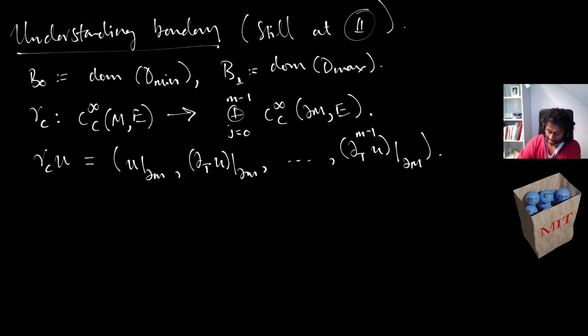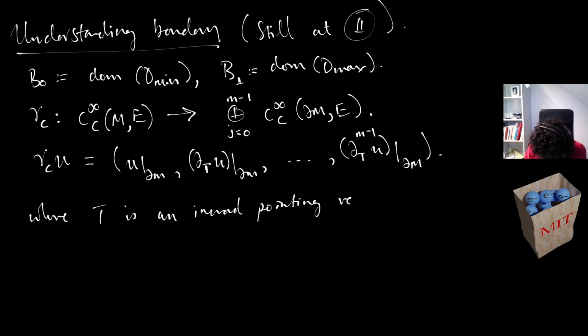So I've also implicitly fixed some T here, where T is an inward pointing vector field on the boundary. Okay?